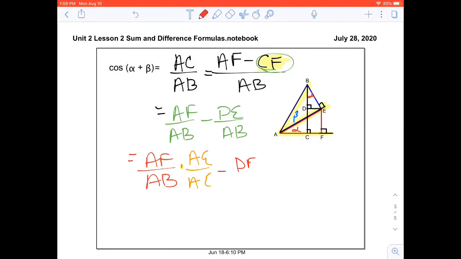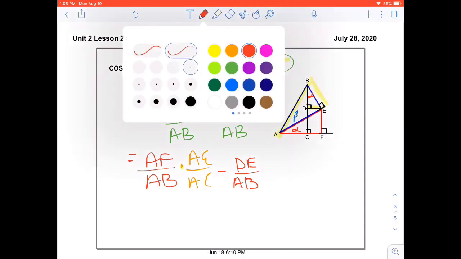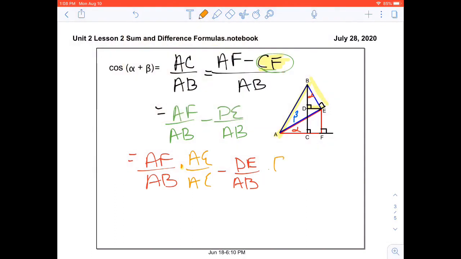So now let's look at DE over AB, and let's kind of do the same thing. Let's look at these segments and see what they have in common. So I'm going to look at DE, which is that small segment in that right triangle at the top, and then you have AB. Well, the segment that they have in common is going to be BE. So again, we multiply by 1, so it stays equivalent.